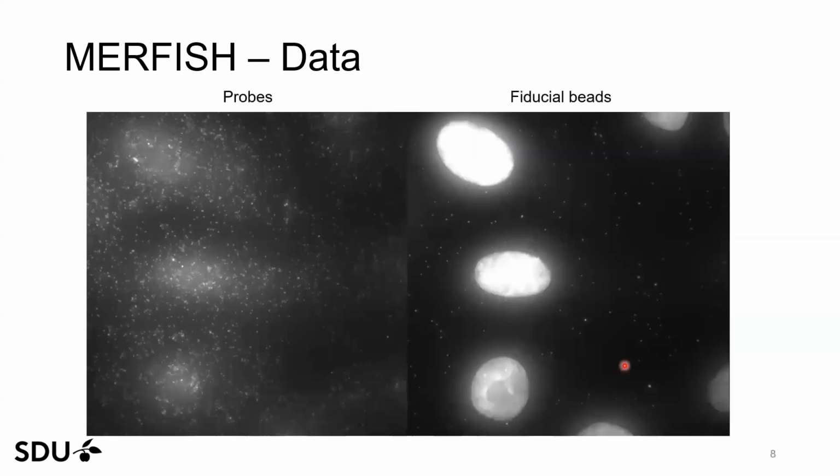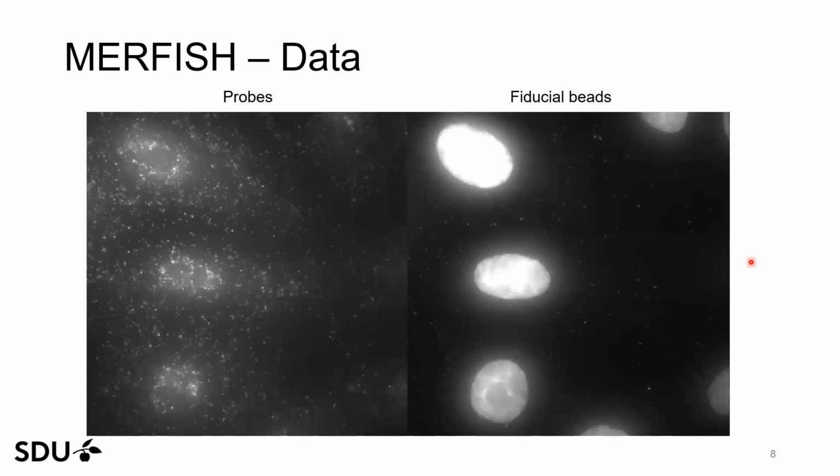And to show you some of our current data, we always get these images of the probes, because that's the genes we are looking for. And besides that, we are also getting these fiducial beads in another channel. And these are used to correct the drift that happens over a long set of hybridization rounds.